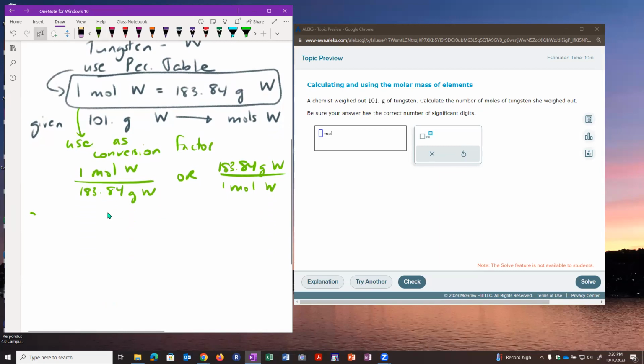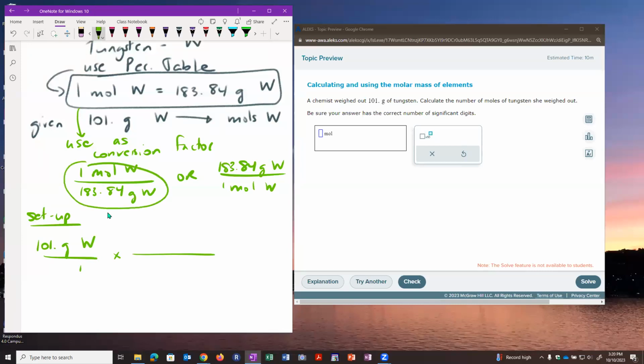When we set this up, we always start with what's provided. We have our 101 grams of tungsten. We want to use the most appropriate conversion factor. We're going to pick the one that has moles on top, because that's the unit that we want to end with. So 1 mole for every 183.84 grams. The grams go away, and we end up with moles of tungsten.